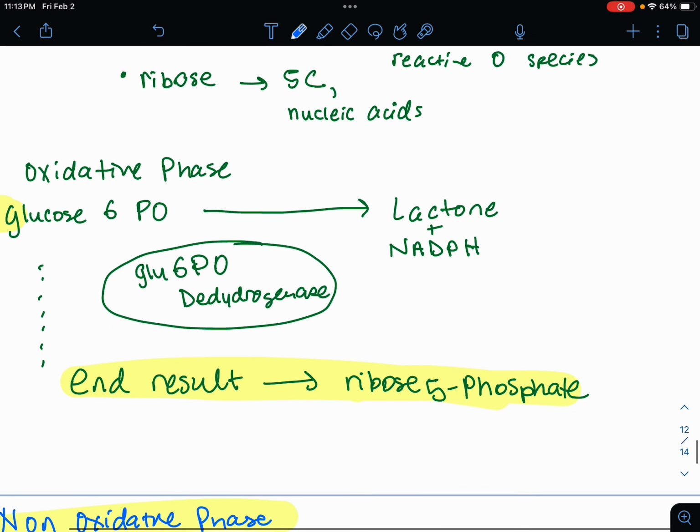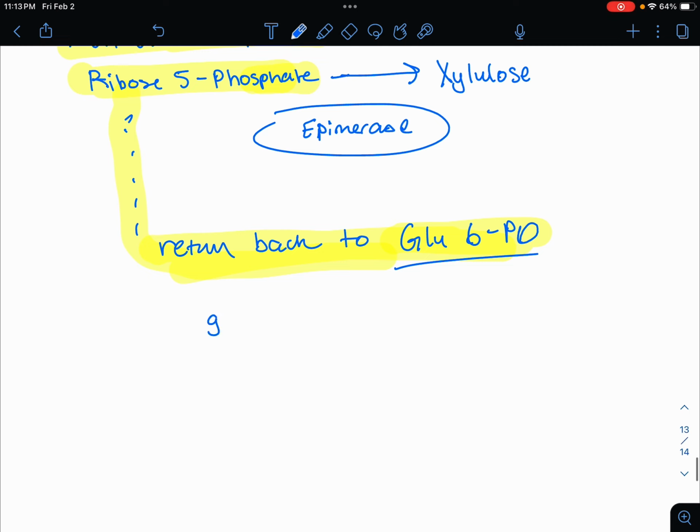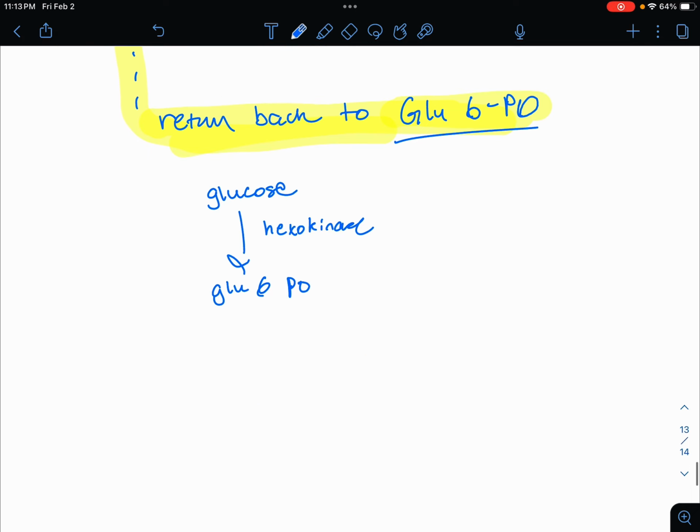NADPH, sorry about that, this molecule actually acts as a regulator. So we were talking about how glucose goes to glucose 6-phosphate via hexokinase, and this could either go to the pentose phosphate pathway or to glycolysis.